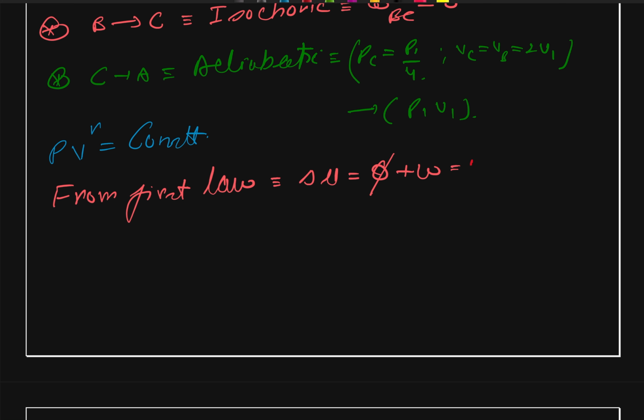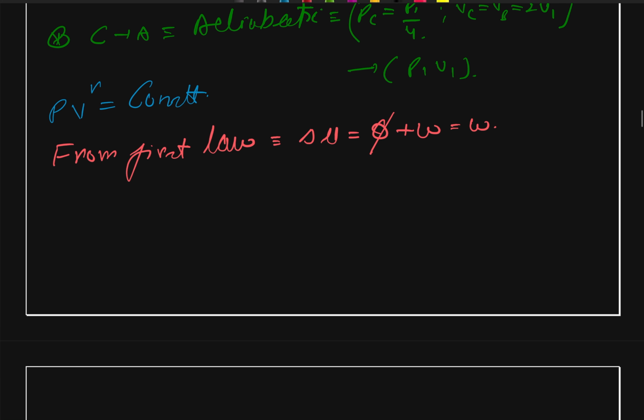So this will be our W, and the change in internal energy, delta U, will be equal to n Cv delta T. So we can write this as Cv (TA minus TC). And here Cv will be equal to R upon gamma minus 1.